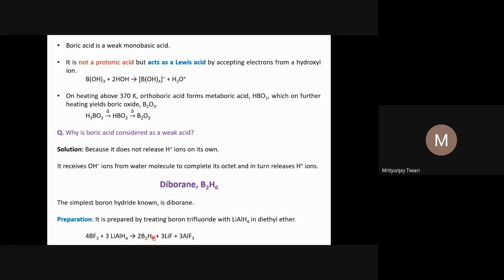So B2H6 is formed plus LiF. Three molecules of LiF will be formed, and three molecules of AlF3 will also be formed. As you see, aluminium is still not used up to here, and fluorine, you can see, 4 into 3, 12 fluorine atoms.